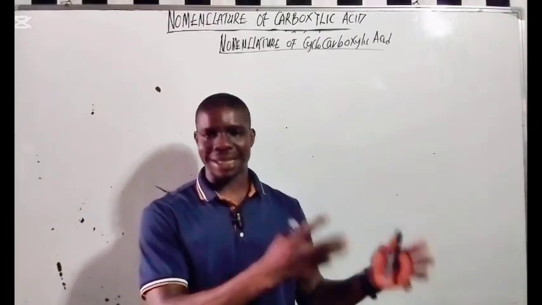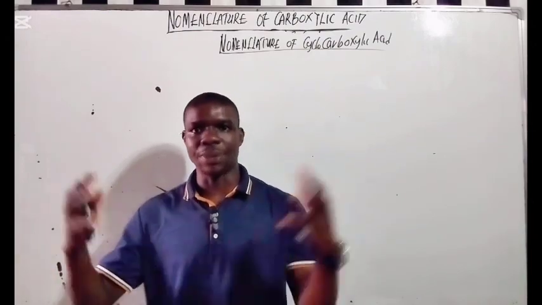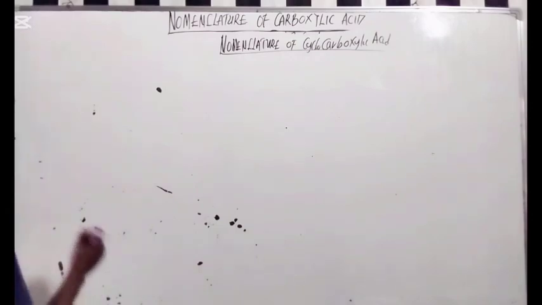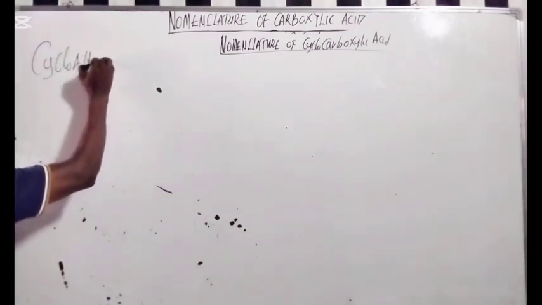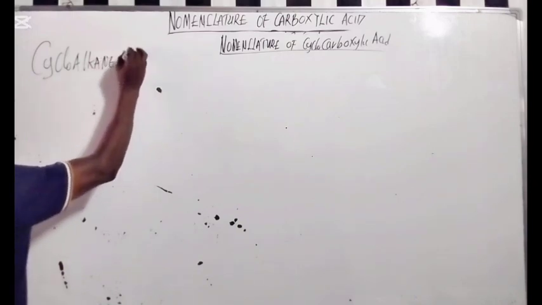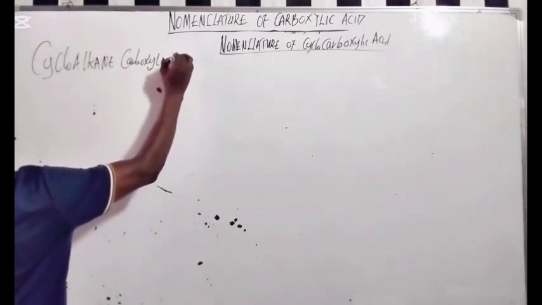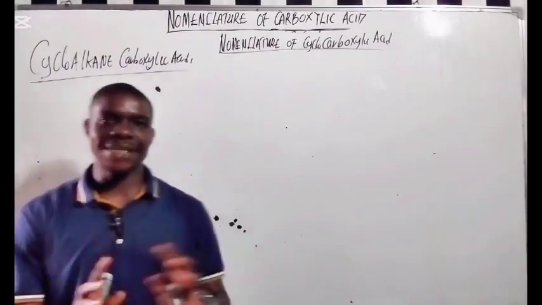The way you name cycloalkenes with carboxylic acid is not the same. So let's focus our attention on cycloalkane carboxylic acids, and it's very easy.